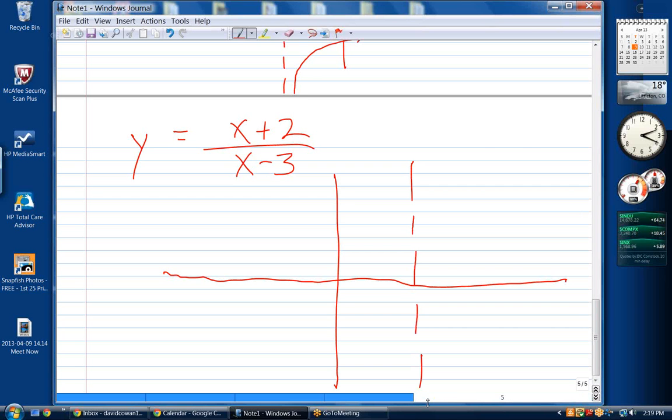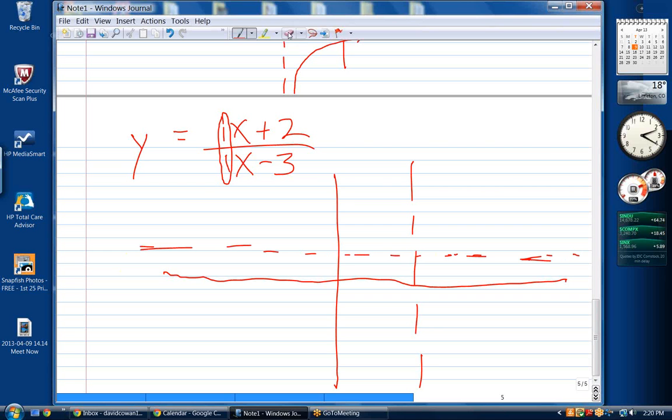Now, to figure out the horizontal asymptote, first of all, we have to realize that the highest exponent on the variable in the numerator is 1, same exponent in the denominator, and therefore the horizontal asymptote is the ratio of their coefficients, which in this case are both 1. Okay. So the horizontal asymptote is at y equals 1.